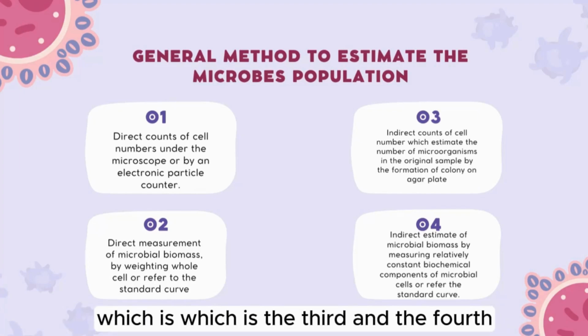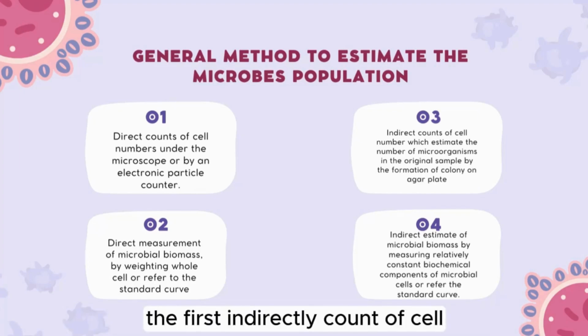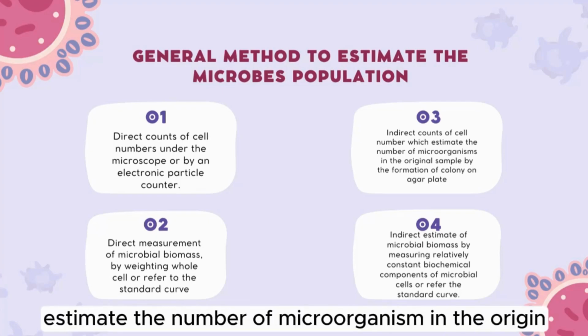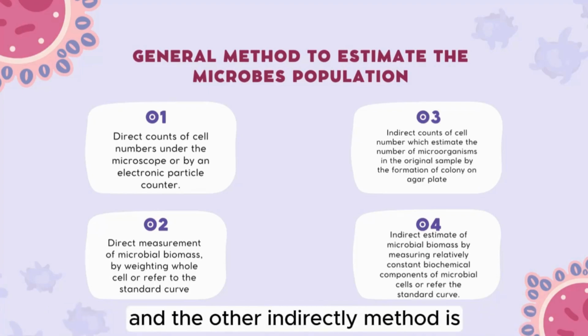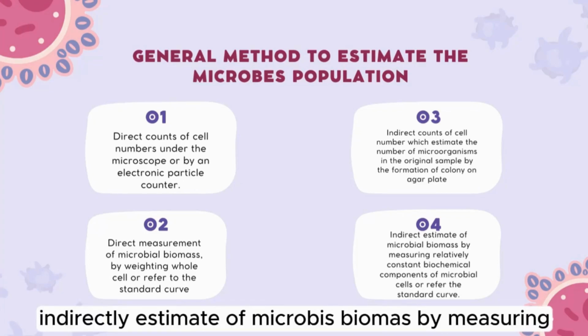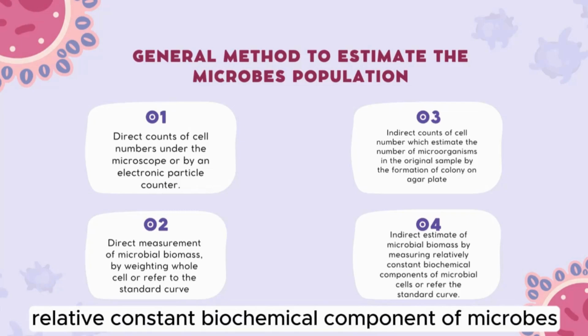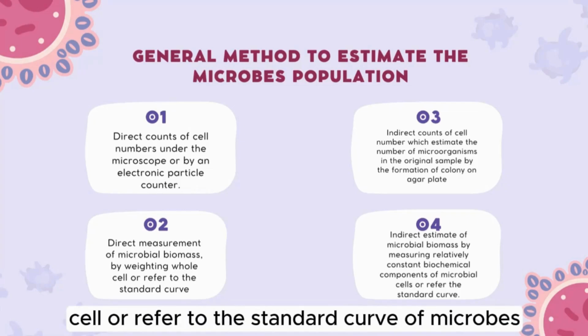The third is indirect count of cells, which estimates the number of microorganisms in the original sample by the formation of colonies on an agar plate. The other indirect method is indirect estimation of microbe biomass by measuring a relatively constant biochemical component of microbe cells, or referring to the standard curve of microbes.